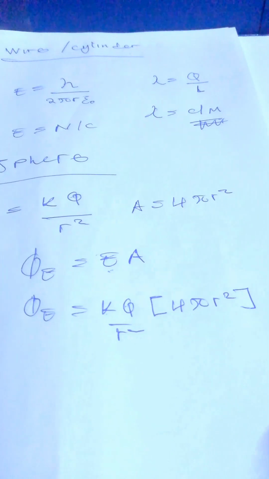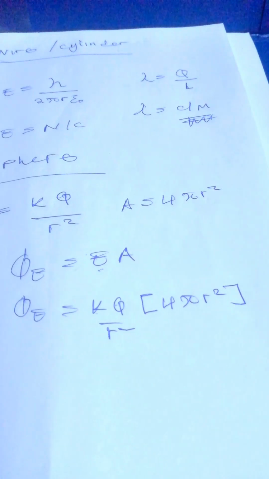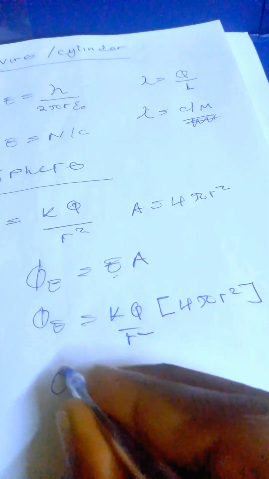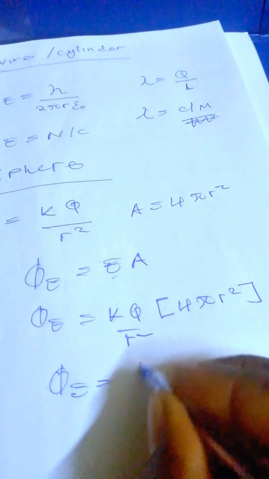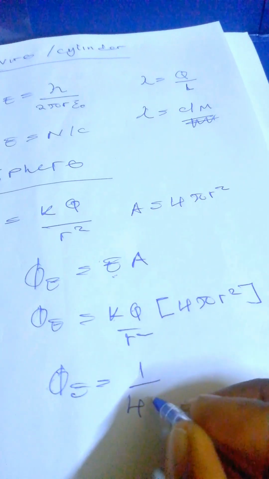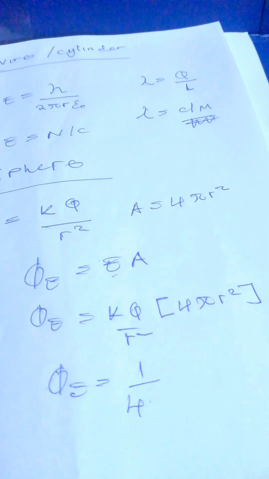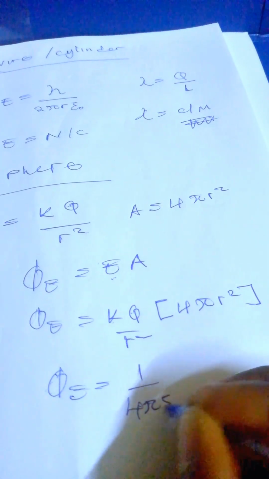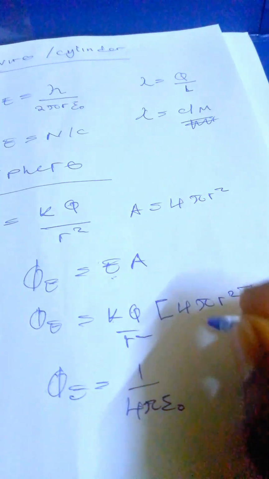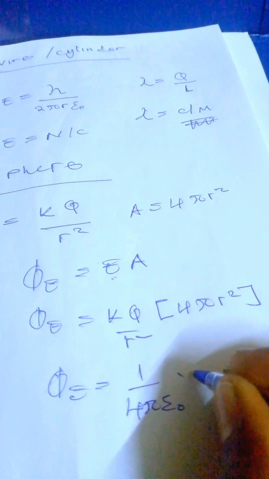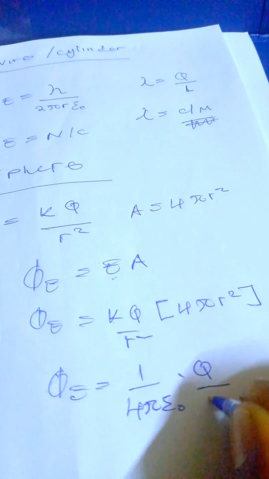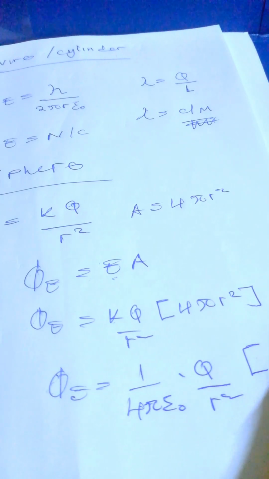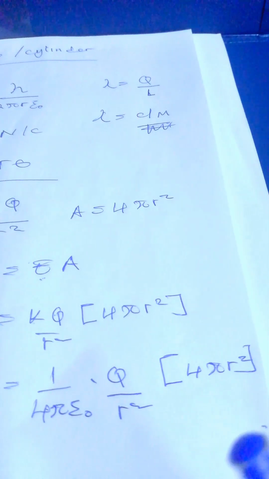When you replace like that, we know our k, so you replace it there. So phi E is equal to 1 over 4 pi epsilon naught, times q over r squared, times 4 pi r squared. So we're having something like this.